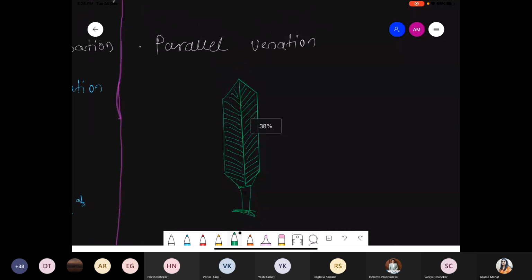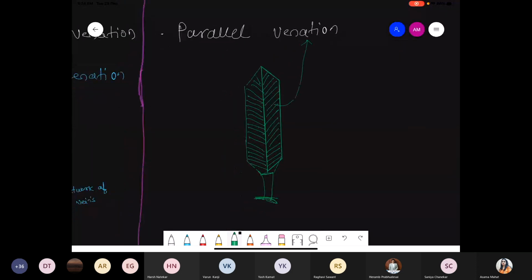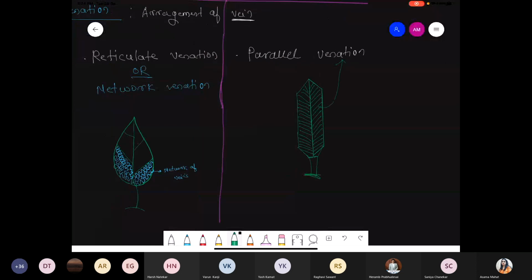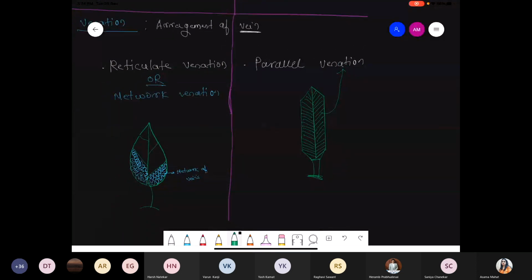So such a condition is simply called which venation? That is parallel venation. The simple meaning: the network form in case of the dicot is called reticulate venation. Such type of venation is totally absent in the monocot. No network, a very simple straight arrangement of the veins.